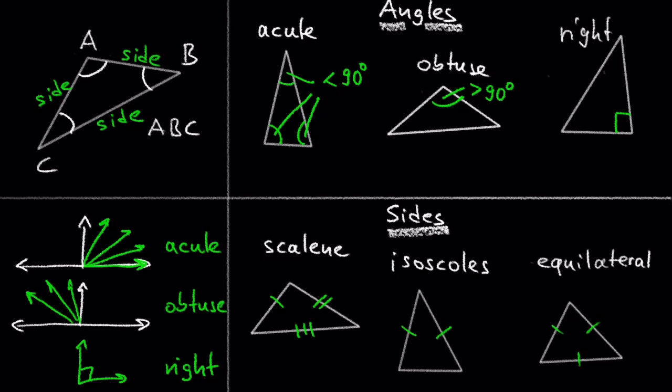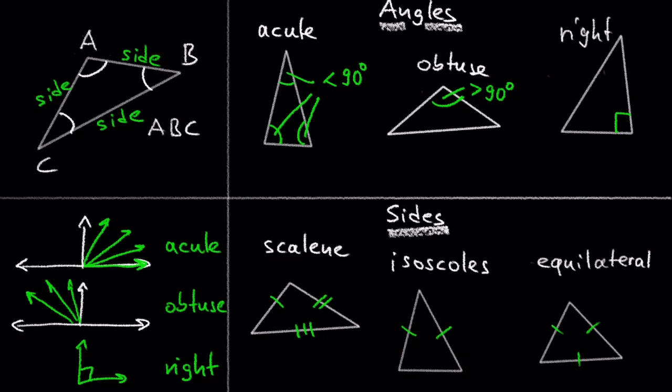Note that the angles are also equal. Since all sides of an equilateral triangle are congruent, then at least two of its sides are congruent. So all equilateral triangles are also isosceles triangles.